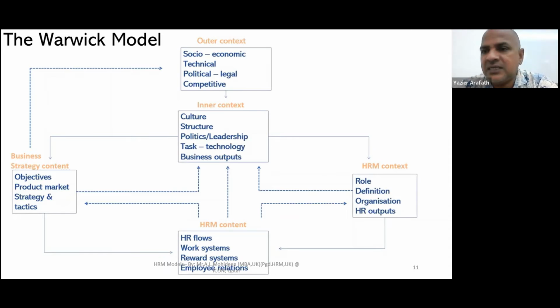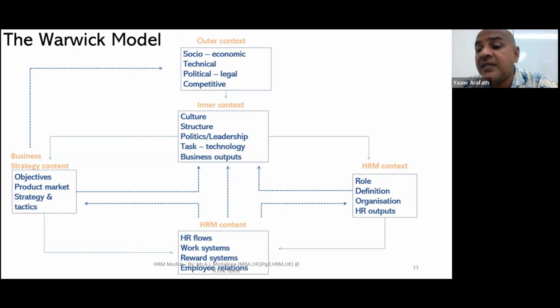Everything should be connected in our business. So HR should understand the business well, the external context well, the internal context well, and also the HR content connected with the role they are going to play.